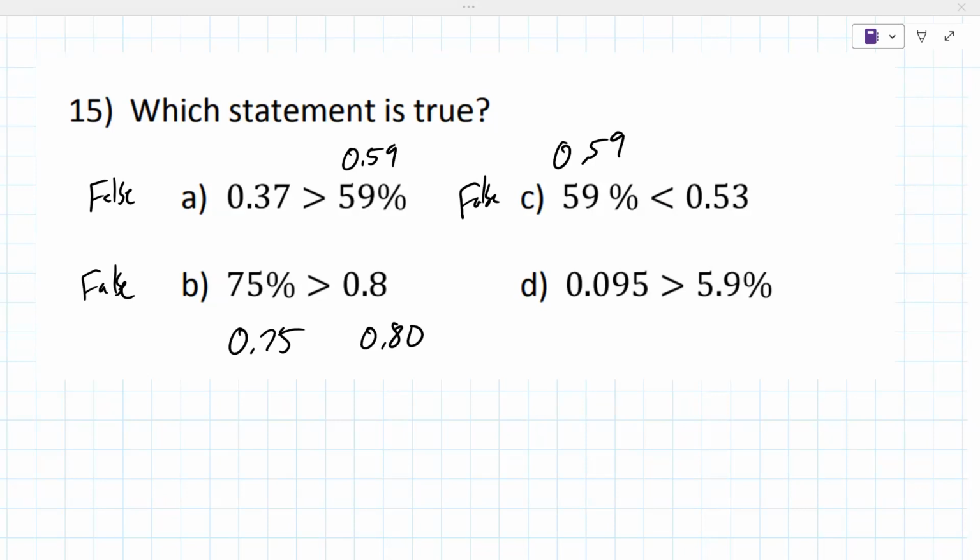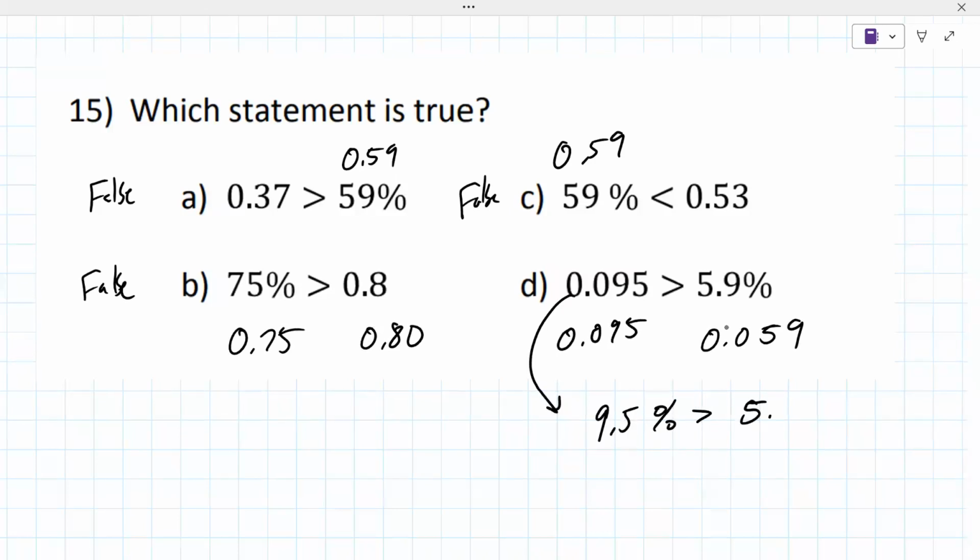So that'd be 0.0059. 0.059. I probably would have said to go to a percent. I think that would have been easier. Yeah, you can do it either way.